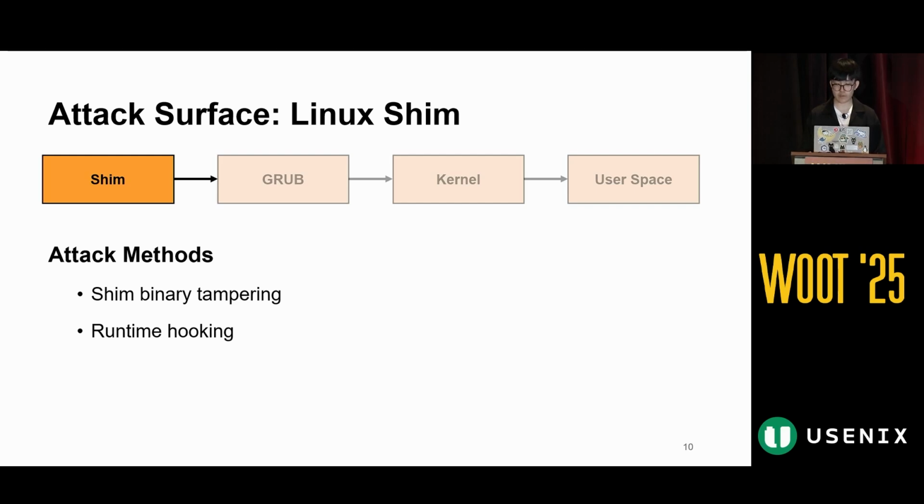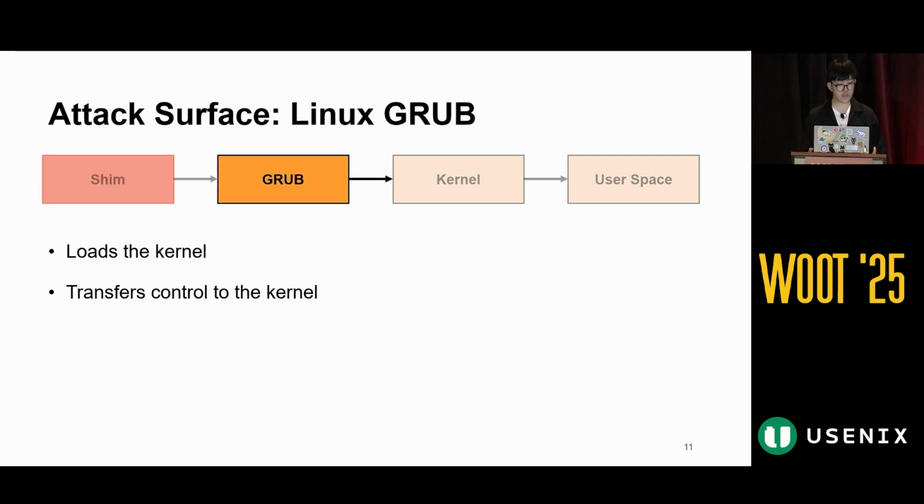Shim simply loads Grub and does not participate in kernel loading or system initialization, making it a low-value attack surface. However, once an attacker gains control of shim, they can extend their hooks into Grub. Grub is the bootloader. It loads the kernel image into memory and transfers control to it, making it the best point to implant hooks before kernel execution.